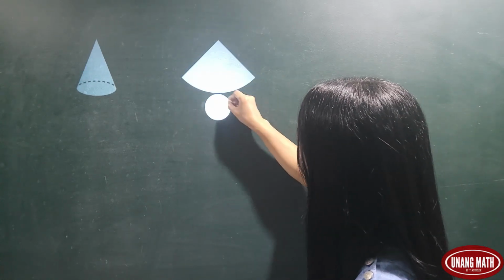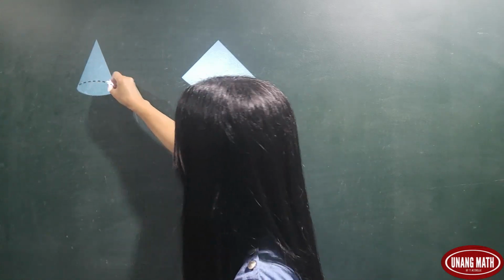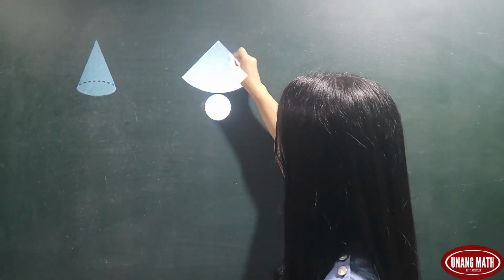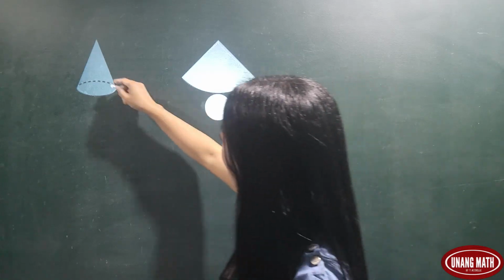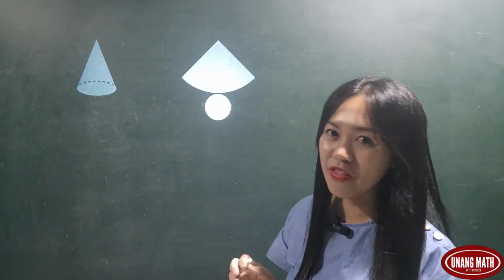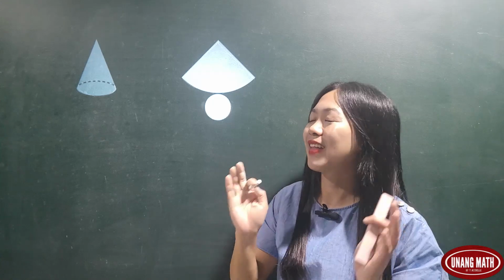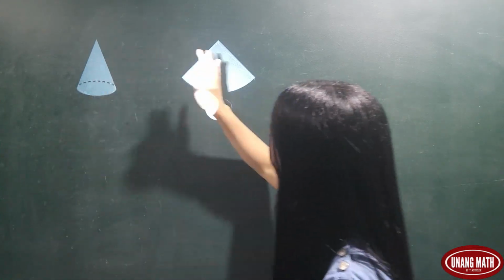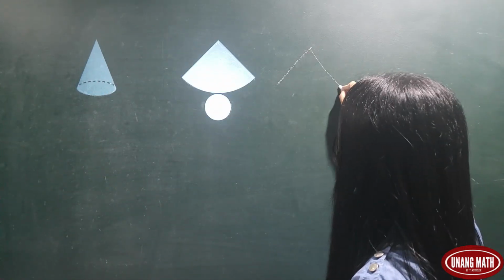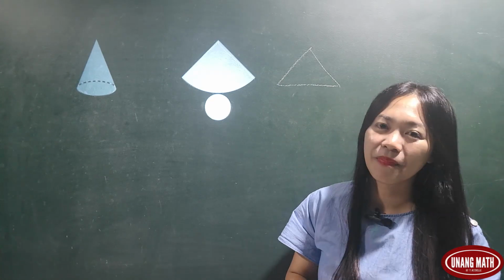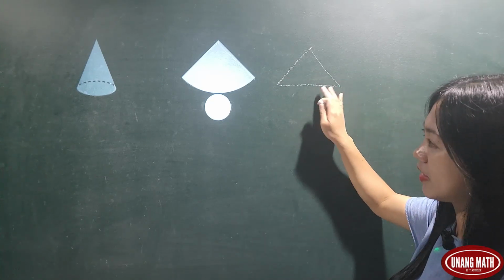This circle is the base of this cone. And this sector is the lateral face of this cone. Take note, the lateral face of a cone is a sector and not a triangle. Why did I say not a triangle?